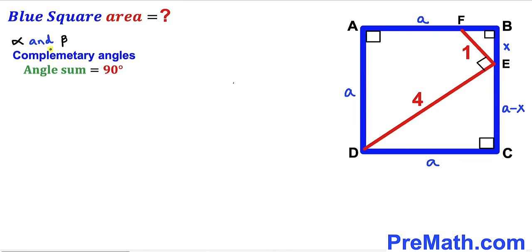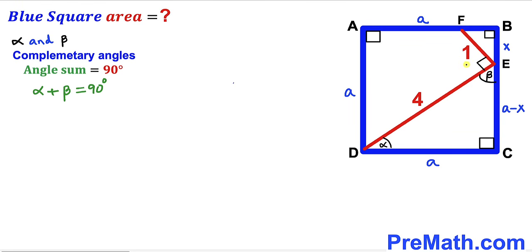Let's assume that alpha and beta are our two complementary angles. In other words, the sum of these two angles, alpha plus beta, must be equal to 90 degrees. Let's assume that this angle is our angle alpha. We know this is our 90-degree angle. So in this triangle CDE, this angle has got to be our angle beta.